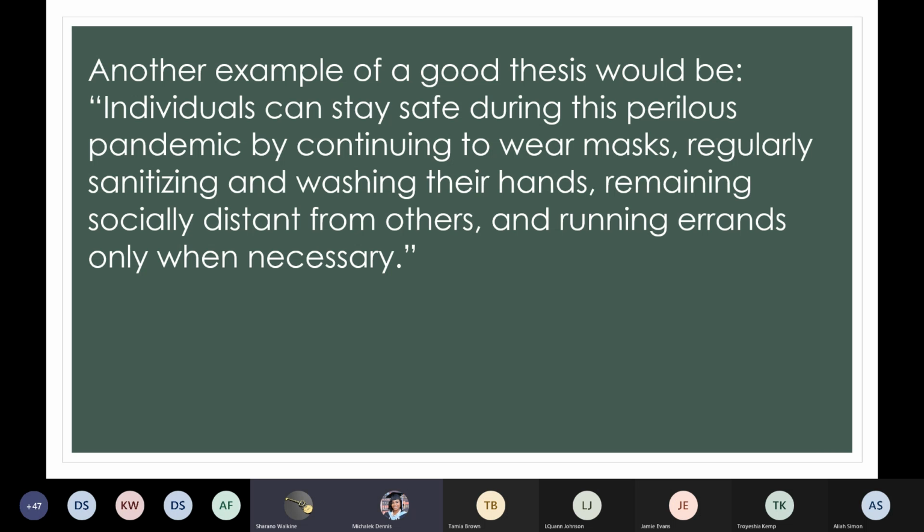The third body paragraph will talk about remaining socially distant, keeping a distance of 3 to 6 feet, especially in public places, especially in enclosed public places, like the food store that has air conditioning. Try and keep your distance. You can't be bunched up on one another like it's some concert.